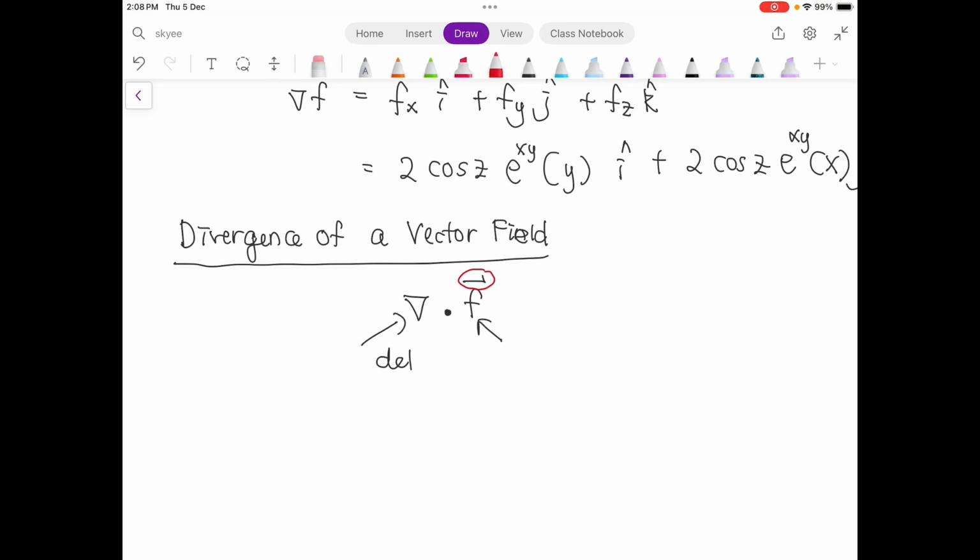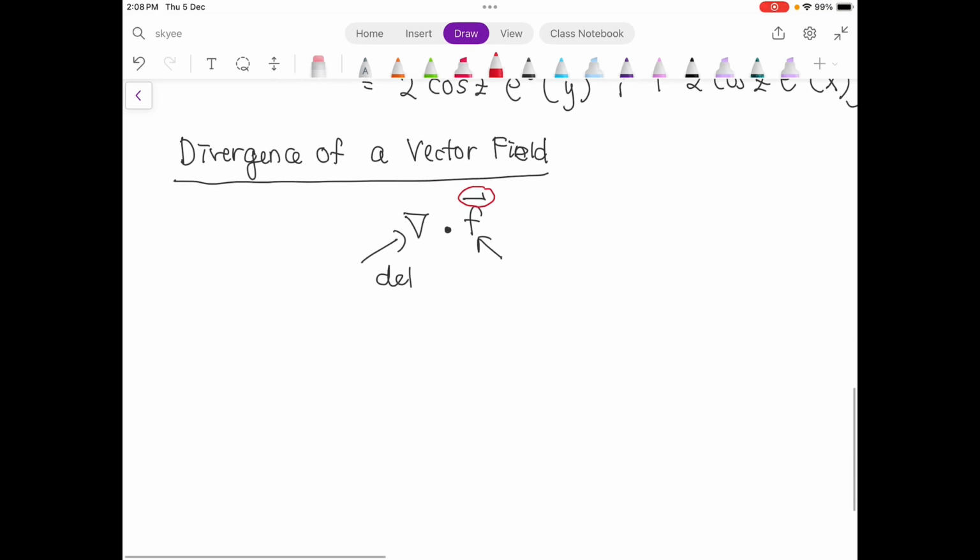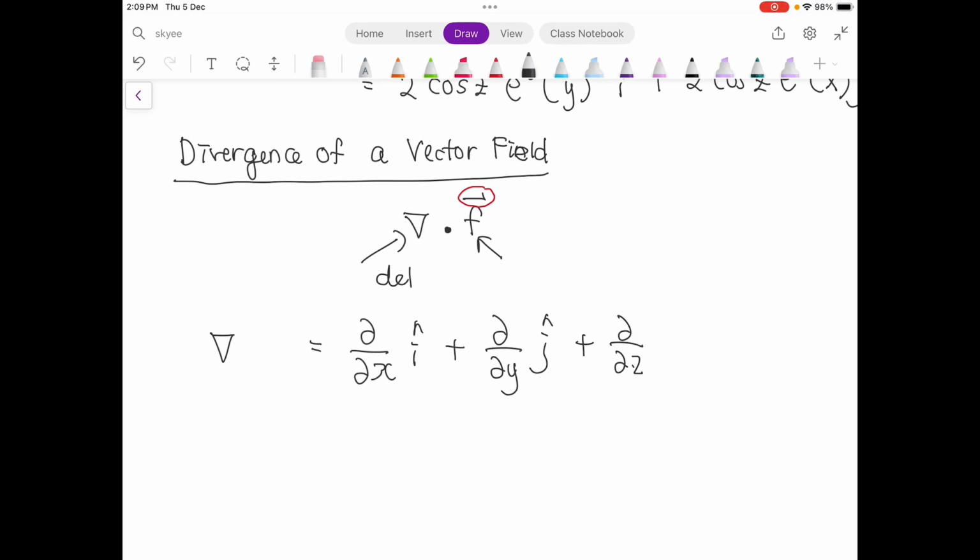So how do we do the divergence of a vector field? Let me write down again. The del, you already know, is equal to ∂/∂x i plus ∂/∂y j plus ∂/∂z k.